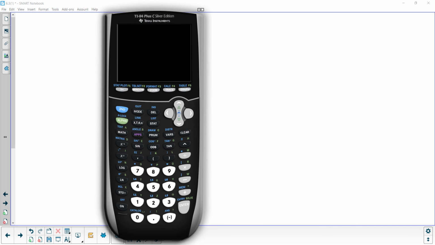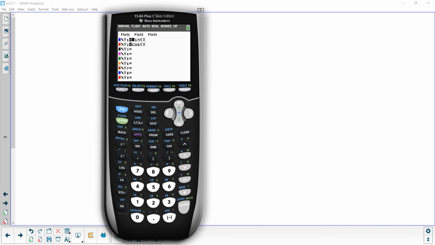So let's take a look at just the graph of sine. I'll explain how you need to adjust your window when we start to get into this more, but you can just watch for now.